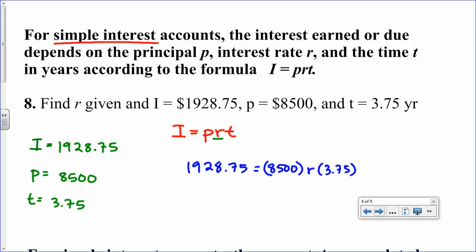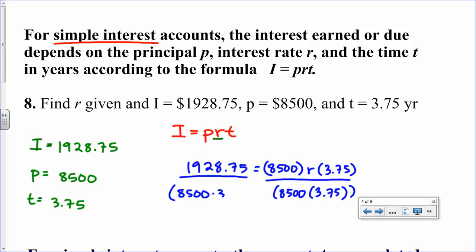Okay. So to solve for R, I need to divide by 8,500 times 3.75. I do have to put that in parentheses, so I'm just going to use the times sign. You have to do the parentheses because you want those to multiply before you divide.